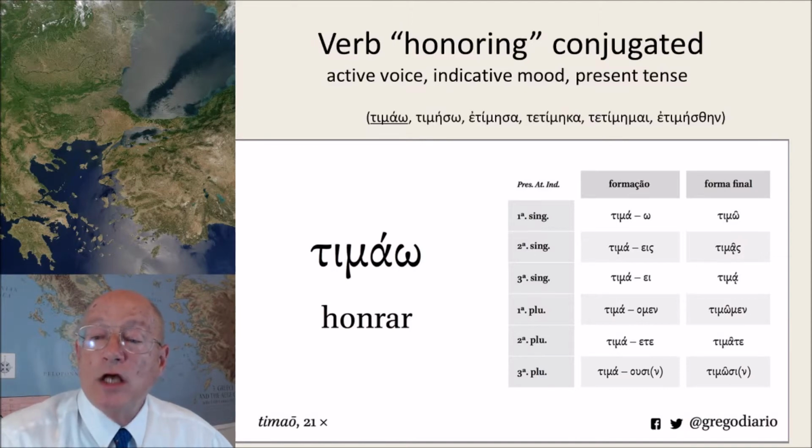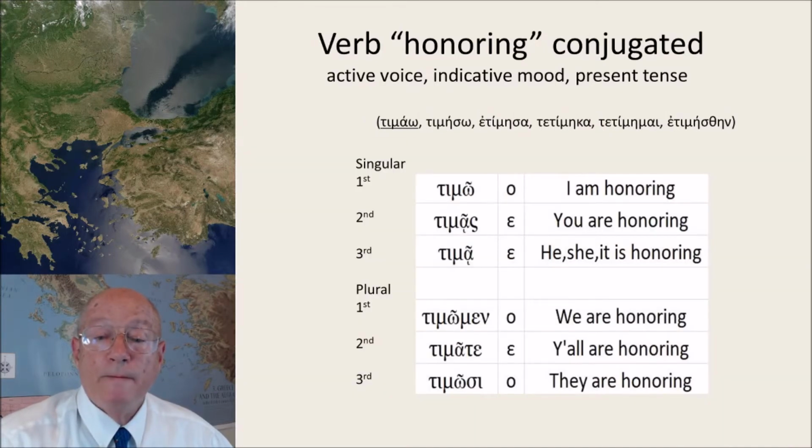And this slide also shows the contractions that I've shown in the previous slides, where you have the alpha stem ending combining with the omega, for example, and becomes a simple omega with a circumflex there in the first person singular ending, and then all the endings are the same as I've shown in the previous slide. So here we go. Timo, timas, tima, timomen, timate, timosi.